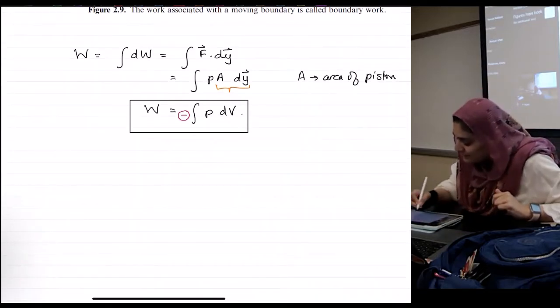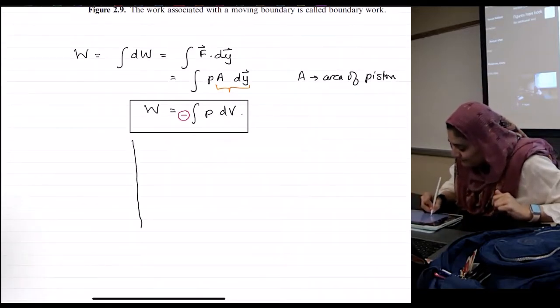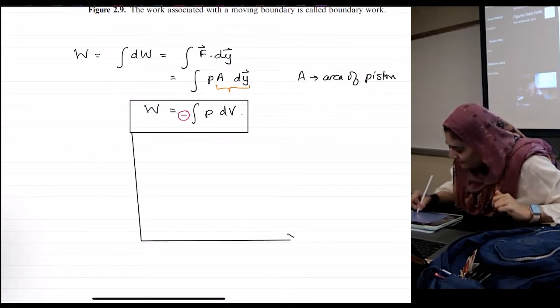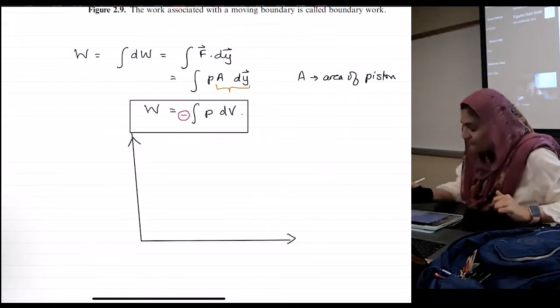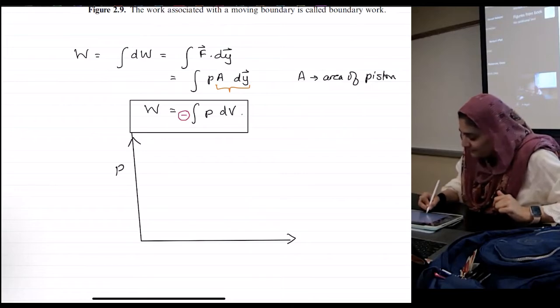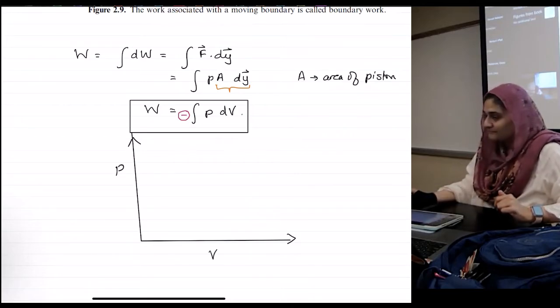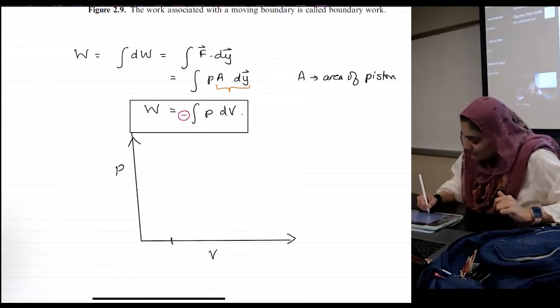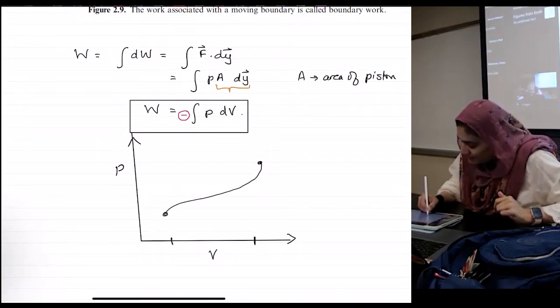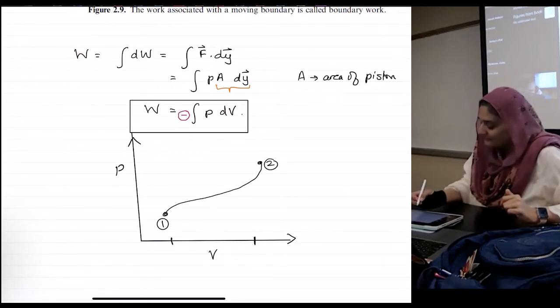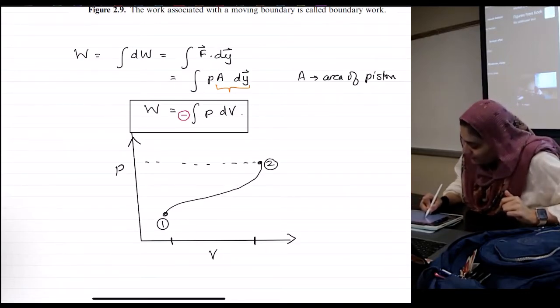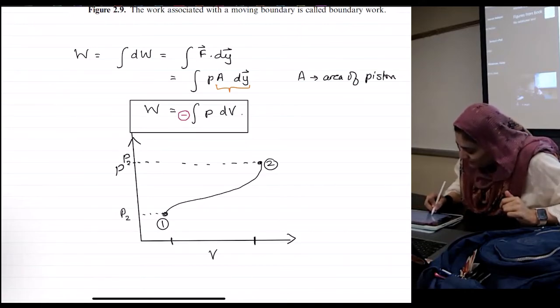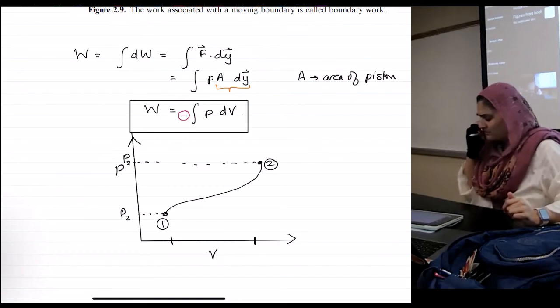And we can express this in terms of P and V, where suppose this is your system that evolves from state 1 to state 2. It will go from P1. Do you want to go up or down?